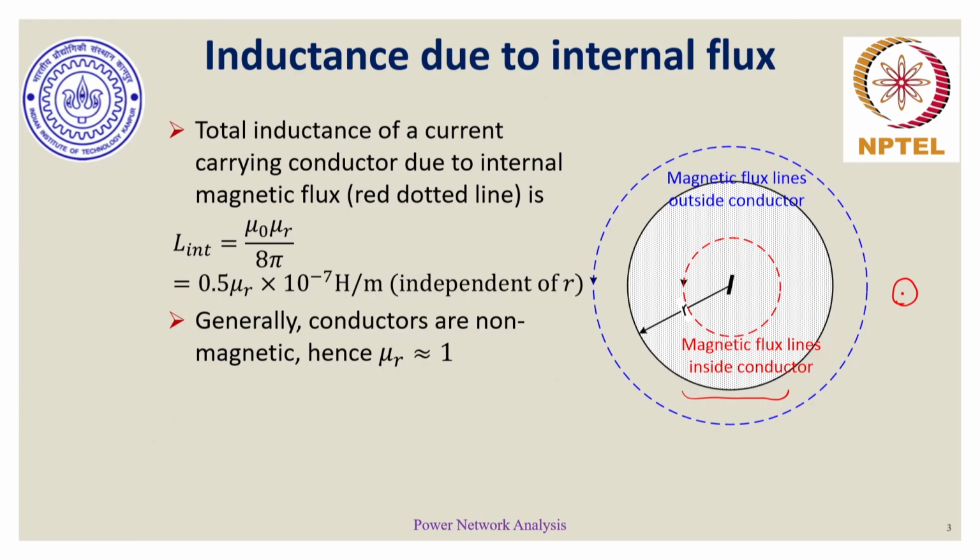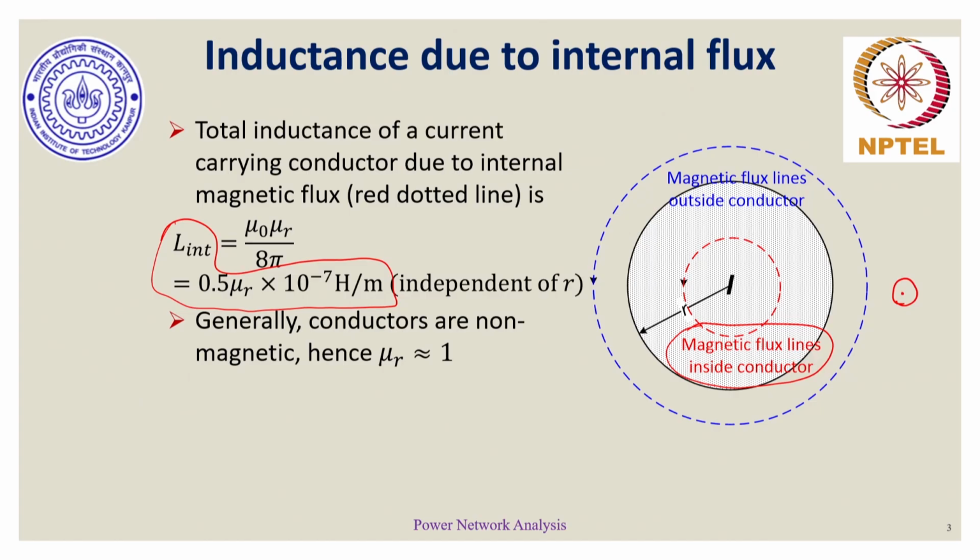And we understood that if we focus only on the magnetic flux lines which are internal flux lines residing inside the conductor because of current I, then the corresponding internal inductance would have an expression of this form, which coincidentally turns out to be independent of the conductor size.